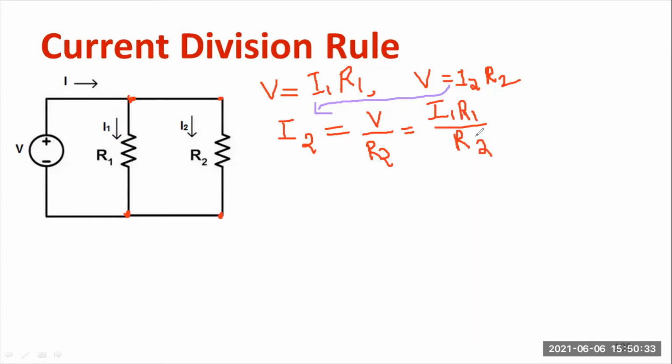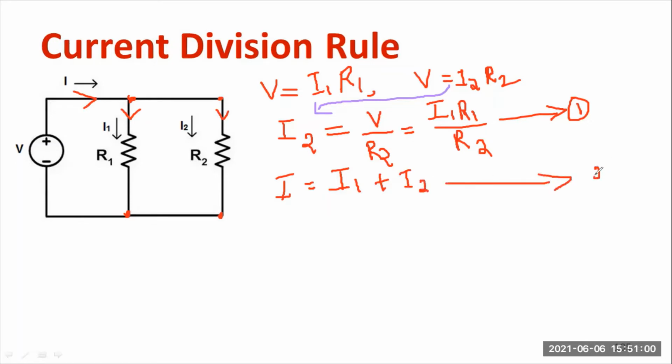I can write in this manner, right? So please call it equation number 1. You know that the total current I is going to divide into this branch and another branch, I1 and I2. So let me write total current I is equal to the sum of the branch currents, I1 plus I2. This is a peculiarity of a shunt circuit or parallel circuit. So please call it equation number 2.